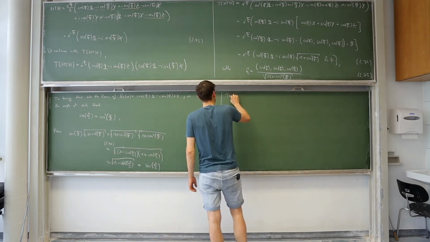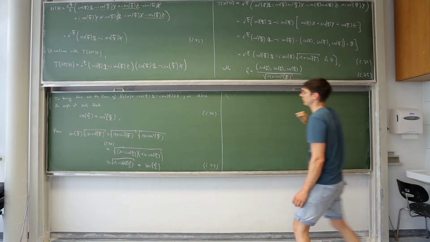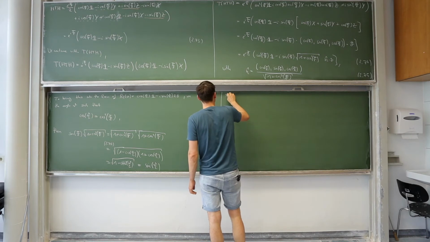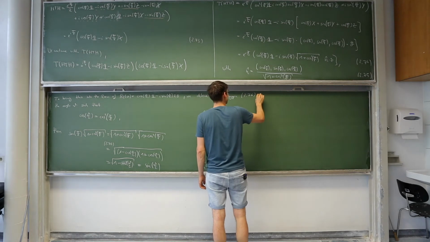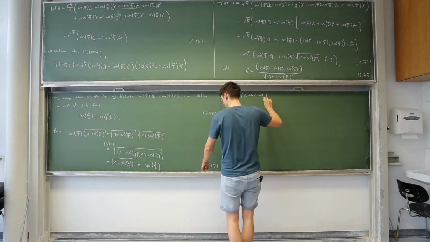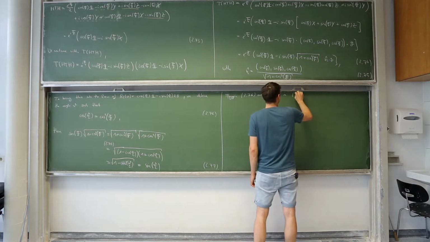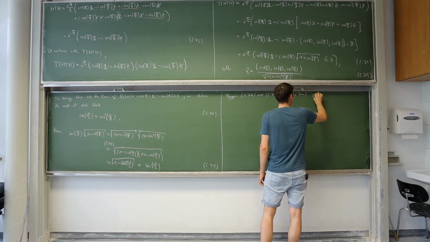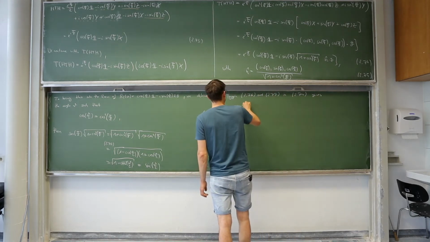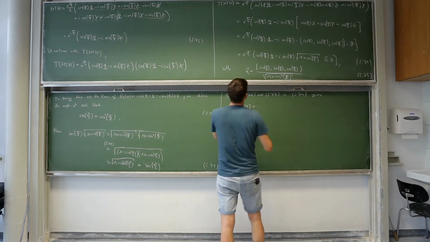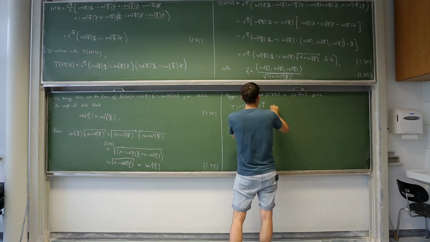Together, so let's plug this in now here in 2.74. So plugging 2.76 and 2.77 in 2.74 gives then that TH is equal to e to the I pi over 4 times the rotation matrix.